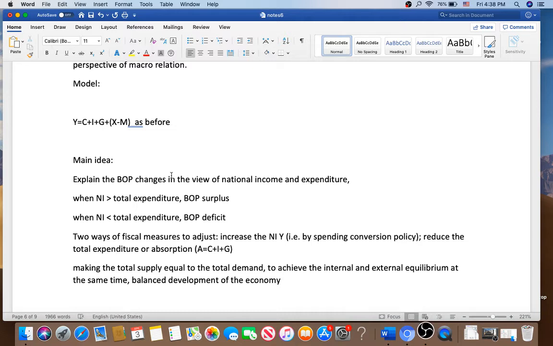The assessment of this method is that it is based on the Keynesian macroeconomic analysis that combines the status of international BOP with various factors in international economics and overcomes the limitation of partial equilibrium.